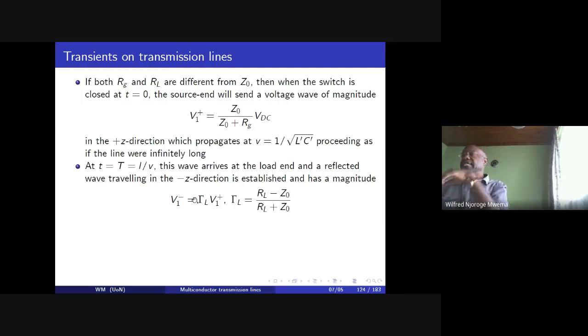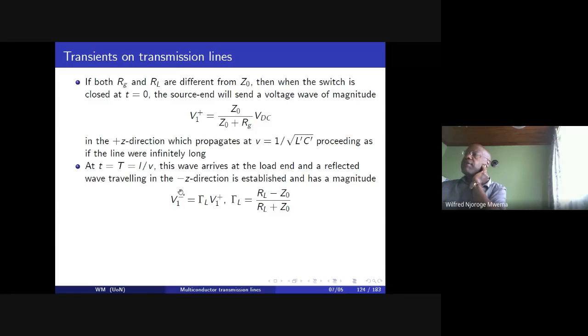When it arrives at t equal to big T, which is the line length divided by the phase velocity, the wave will arrive at the load and find that the load is different from the characteristic impedance of the line. Therefore a reflected wave component will be generated at that position, with a magnitude V1 minus equal to the reflection coefficient gamma L multiplied by V1 plus, where gamma L is equal to RL minus Z0 over RL plus Z0.